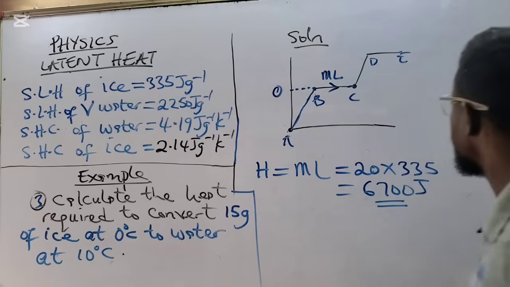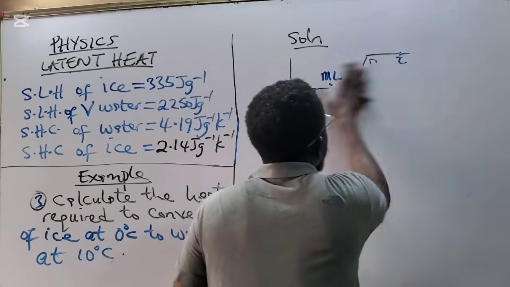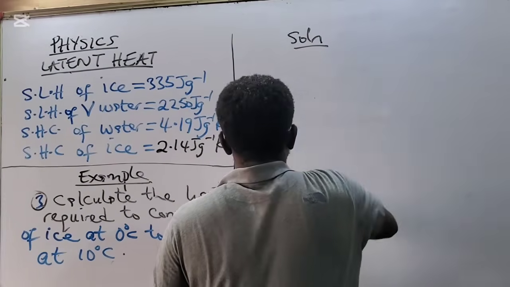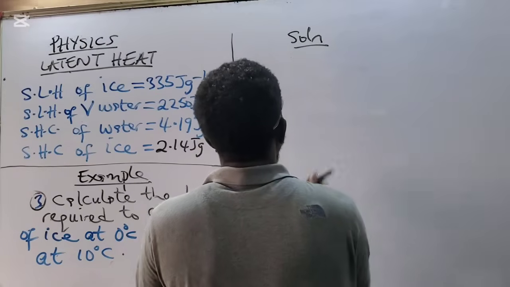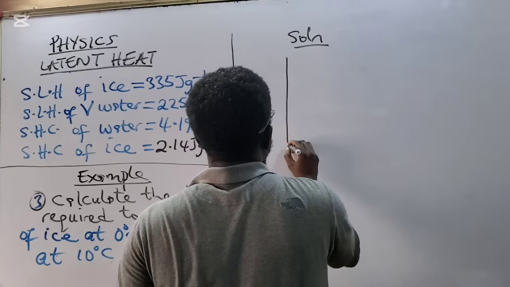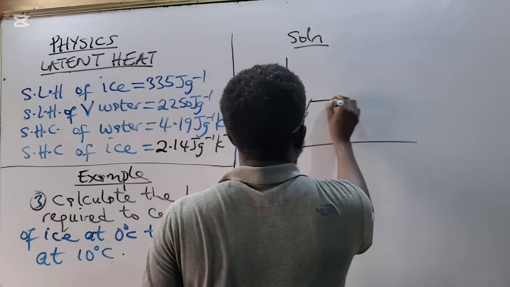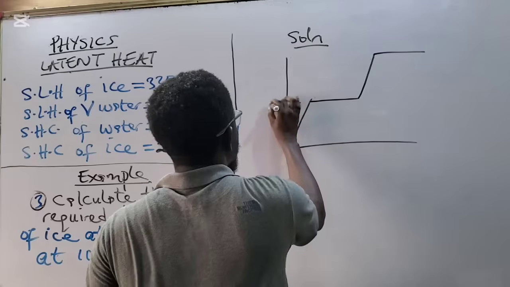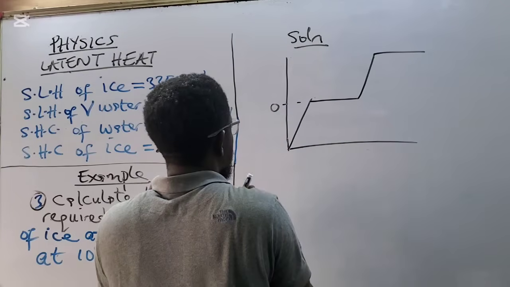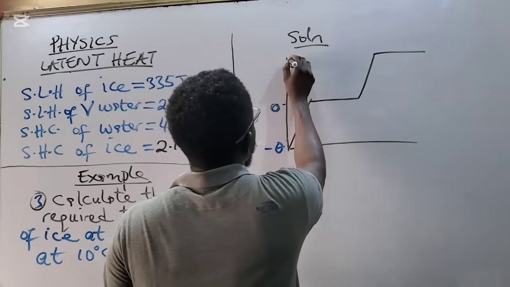So the same thing, look at the diagram again. I'm trying to put those parameters in for me to know the number of times I'm going to do my calculation. So here's 0, here's minus theta, here's 0, and then here's 100.